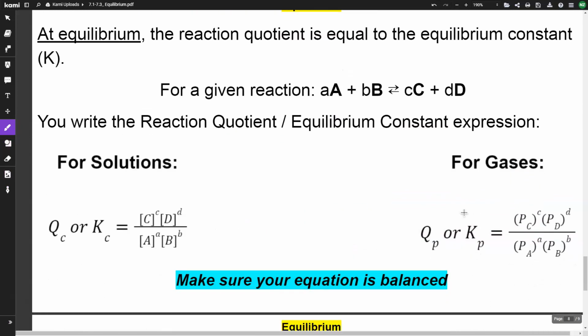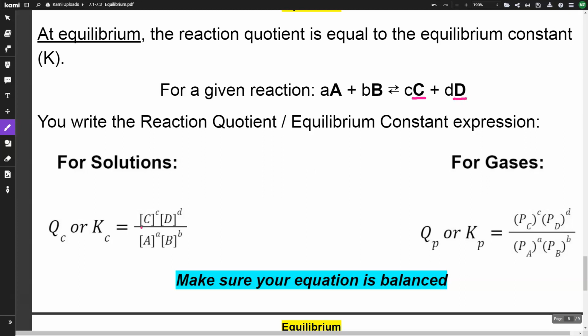Okay. At equilibrium, the reaction quotient is equal to the equilibrium constant K. So we have a reaction here, and here's how we would write the quotient or equilibrium constant. So for both the quotient and the equilibrium constant expression, it is going to be products over reactants.